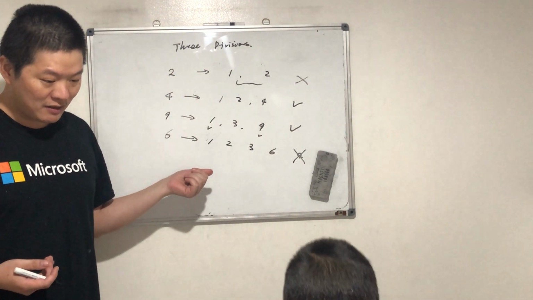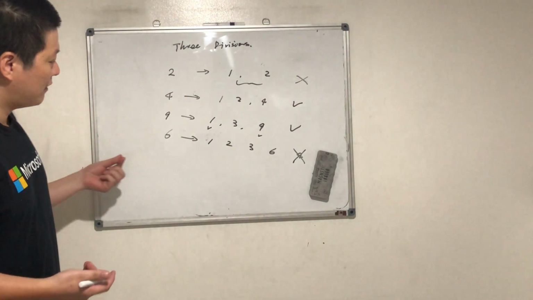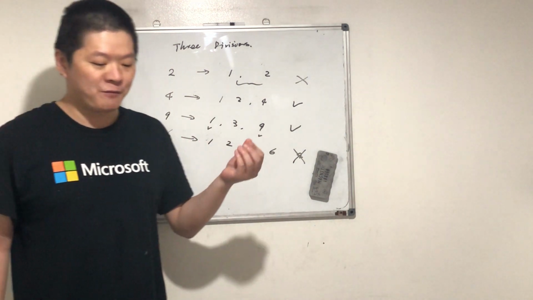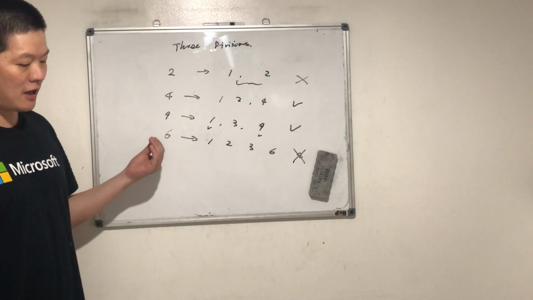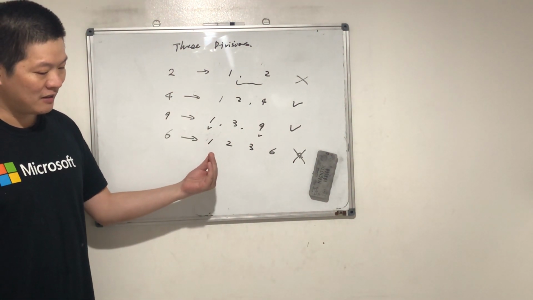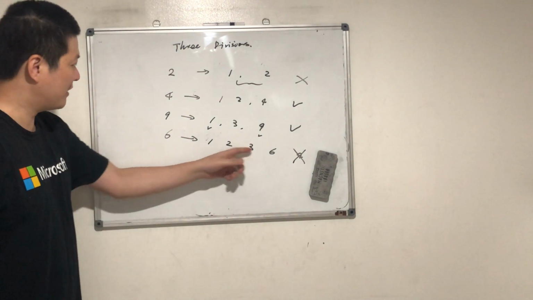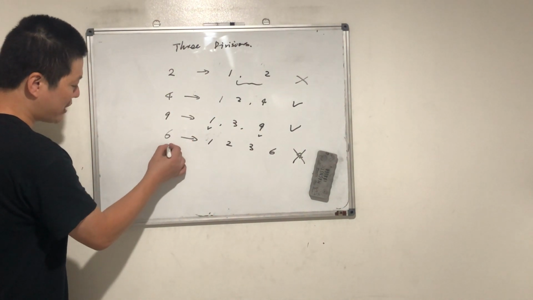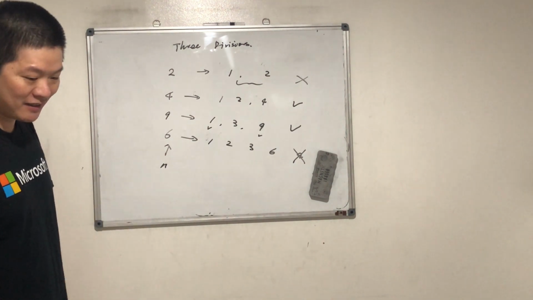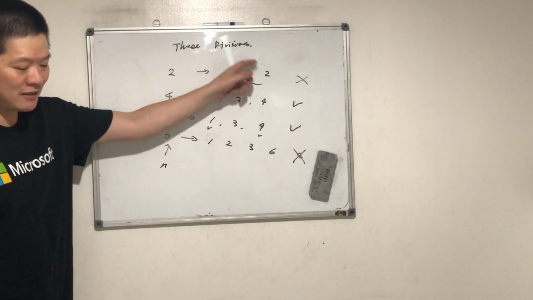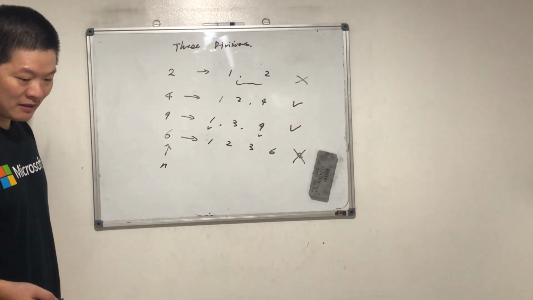Do we need to check the divisors up to n? If this number is n, do we need to check the divisors up to n?